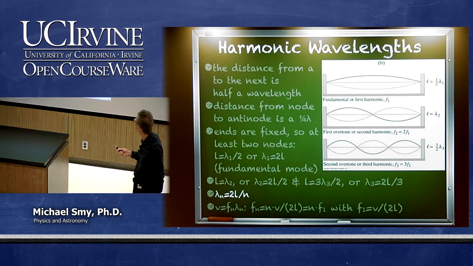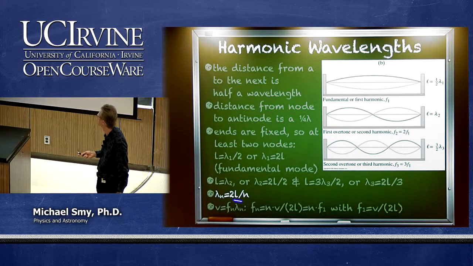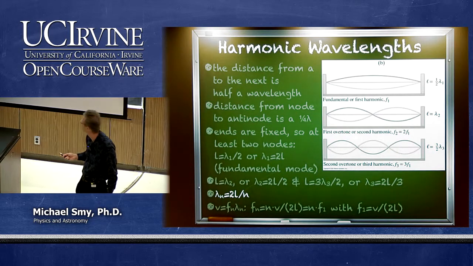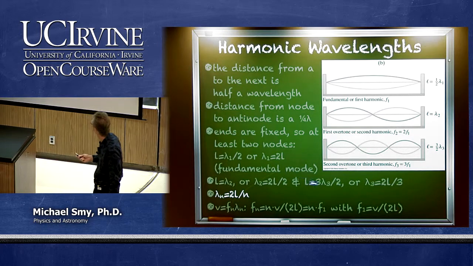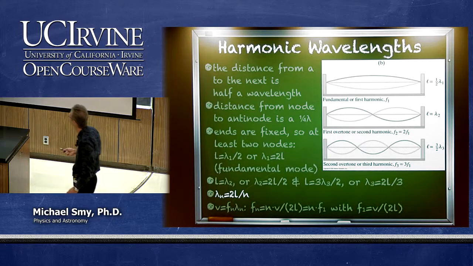The nth harmonic will have a wavelength that is described by twice the length of the rope divided by the order of the harmonic. So, for example, for the third harmonic, we get 1.5 wavelengths fitting inside that box, or the wavelength is twice the length divided by 3.